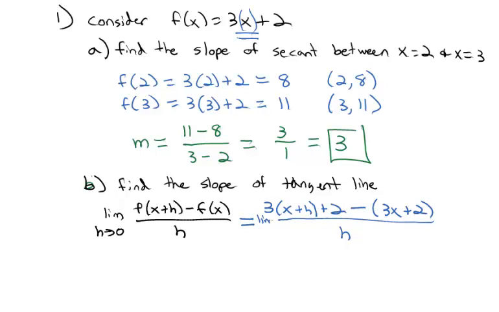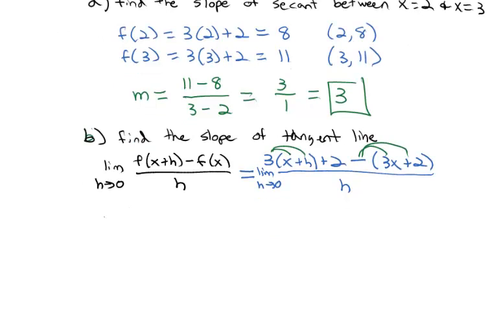And don't forget, we want the limit as h goes to 0 of this. Doing a little simplifying, we'll distribute the 3, distribute the negative. When we do that, we get 3x plus 3h plus 2 minus 3x minus 2, all over h.